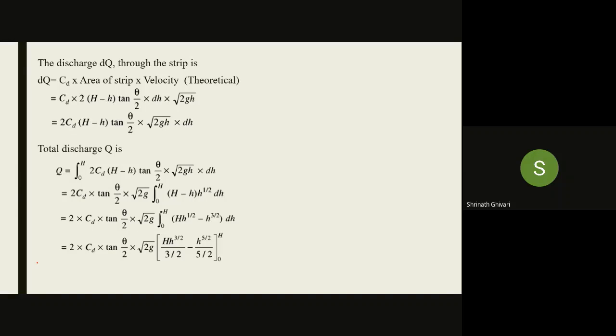Now what you are going to do? Substitute the value of h here inside this. So what it will be? H into capital H raised to 3 by 2. I'm taking the limits inside. So capital H raised to 5 by 2 divided by 5 by 2.